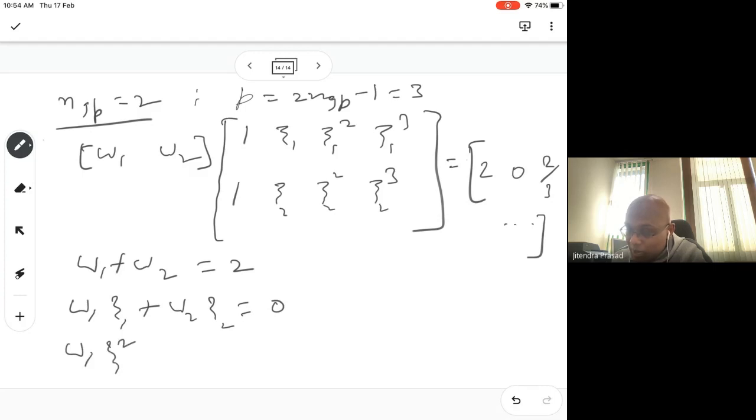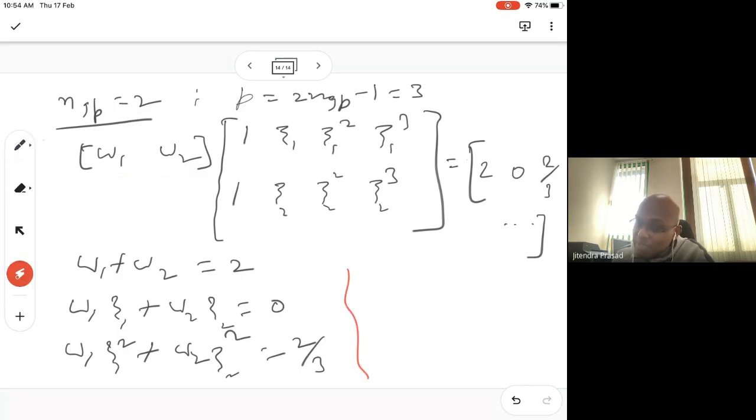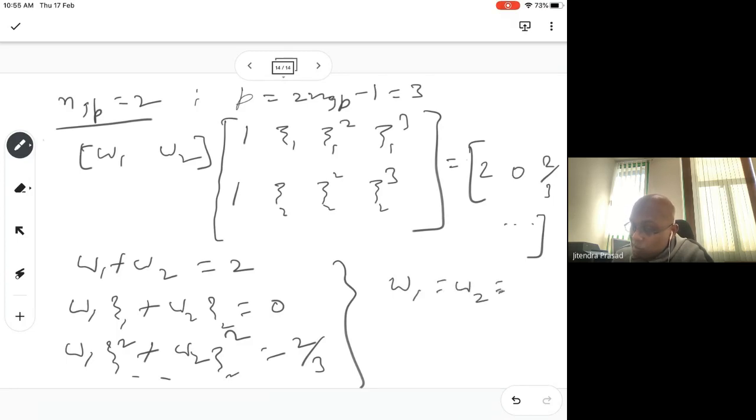W1 xi 1 square plus W2 xi 2 square is equal to 2 over 3. And similarly, the last equation also will be like that. And when you solve it, you can find out in that case that W1 is equal to W2 is equal to 1, and then xi 1 and xi 2 is equal to plus minus 1 over root 3.